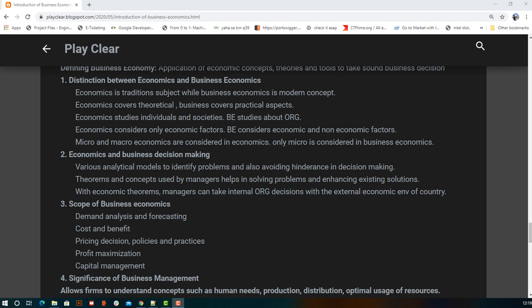The scope of business economics is that whatever theorems, concepts, economic models and analytical tools you have studied so far can be used to reduce the negative effect and improve the positive effect on the following factors: demand analysis and forecasting, cost and benefit, price decisions, decision making in terms of policies or practices, profit maximization, and capital management. In all these domains we can be at a better place compared to the present, by using the concepts which come under business decisions.